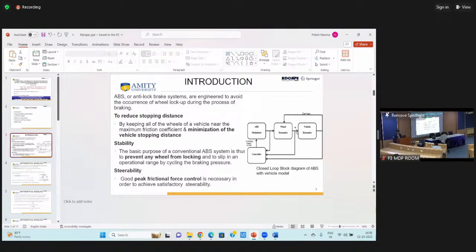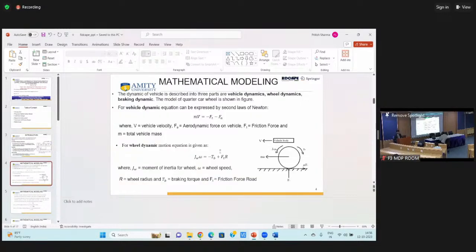This is the closed loop diagram for the anti-lock braking system vehicle model which I have implemented. I have used three mathematical models of the anti-lock braking system. It involves the vehicle dynamics, the wheel dynamics and the braking dynamics.